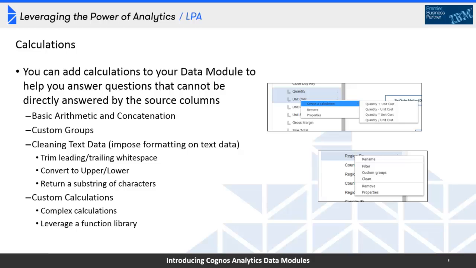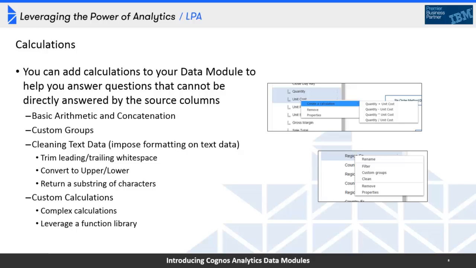If I want the extended cost, the total cost, quantity times unit cost, that doesn't happen to be in my data set, but I can create a calculation. Just highlight quantity and unit cost, right-click, create a calculation, and up will come 4 arithmetic expressions, and I can pick quantity times unit cost, and I'll create a new object in my metadata that has that calculation in it.